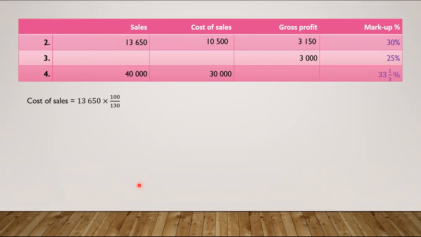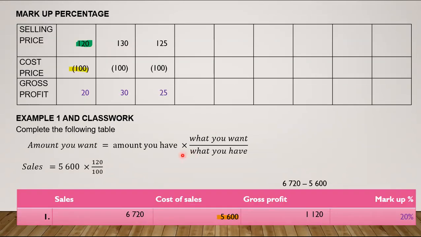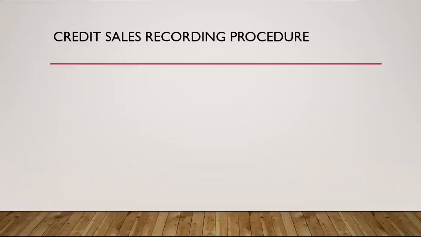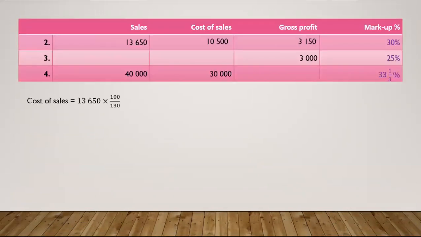Remember the formula. You determine what you want, and then you take what you have, you multiply by the percentage of what you want, you divide by the percentage of what you have. I have gross profit here, and since I've got gross profit, I know that I have to calculate either the sales value or the cost of sales value.